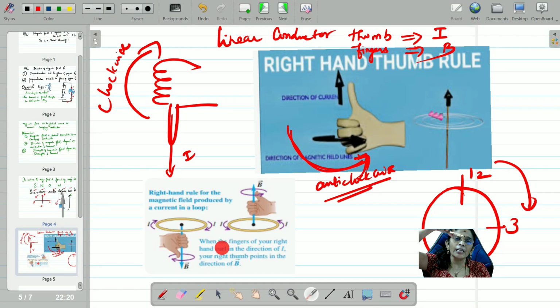It is just the opposite because it is a circular loop. If it is a linear conductor, thumb is the current, fingers are the magnetic field. If it is a circular loop conductor, thumb is the magnetic field, fingers are the current.